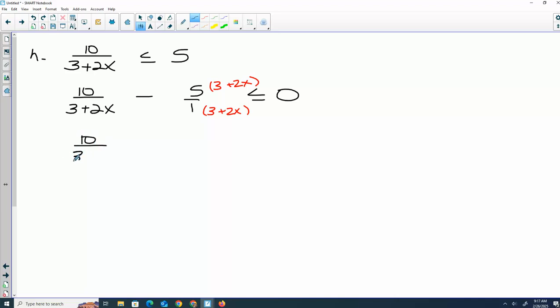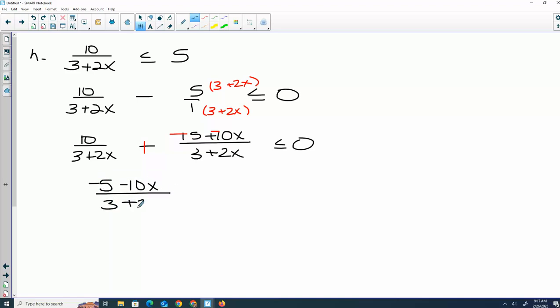So we have 10 over 3 plus 2x minus 15 plus 10x over 3 plus 2x. Because it's subtraction, distribute the negative. And if we combine like terms, we get negative 5 minus 10x over 3 plus 2x. So this is the fraction I'm using.